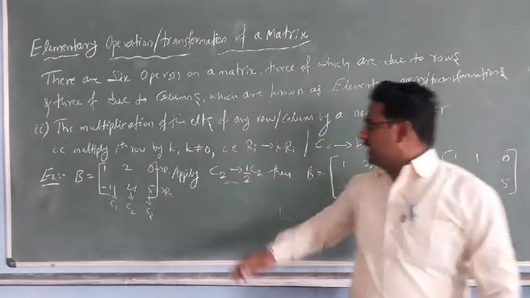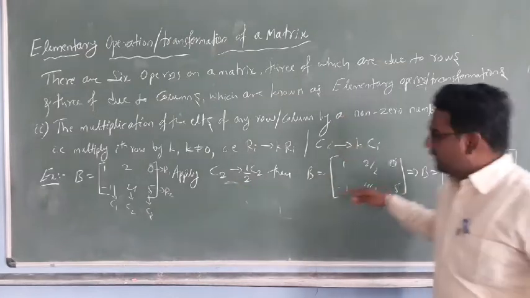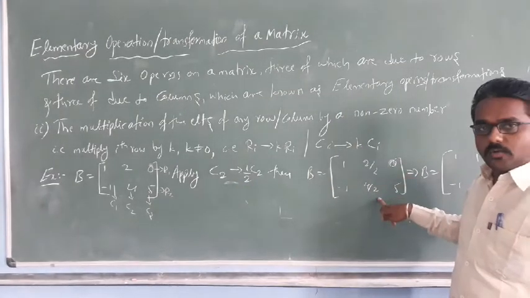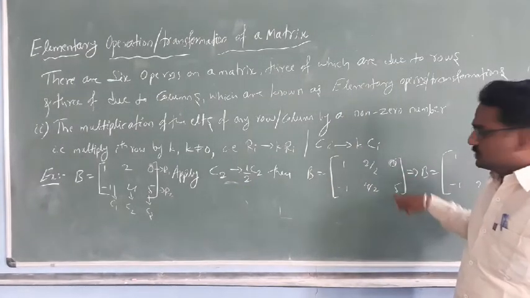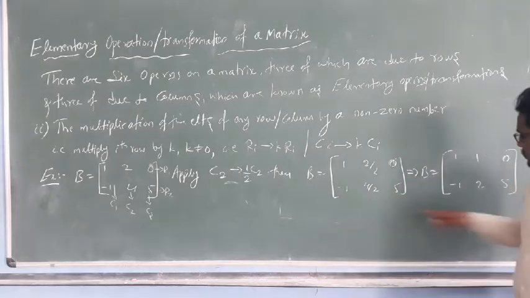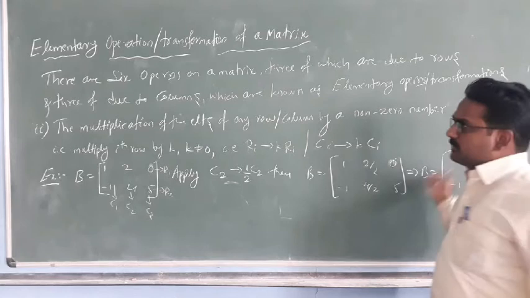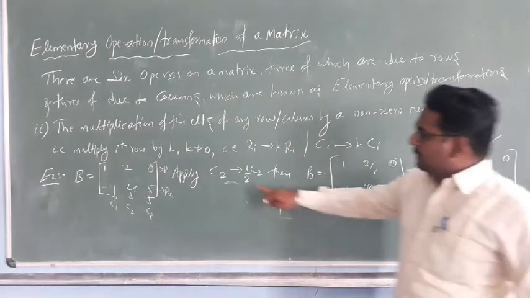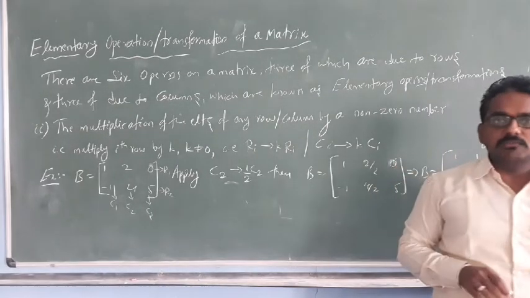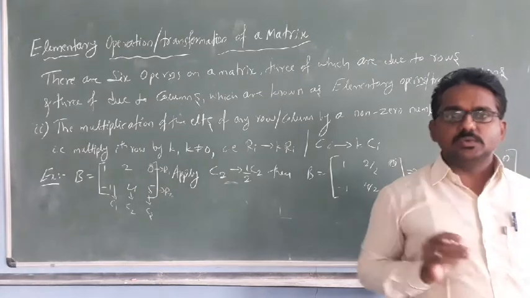You have to multiply 1 by 2 with each of these two elements. First row 2, second row 4. So 2 by 2 is 1, 4 by 2 is 2. This is the transformation of the columns by multiplying a non-zero quantity with each element of C2.